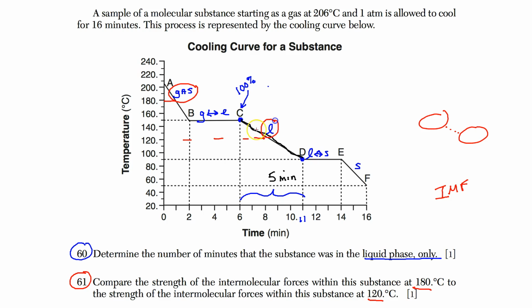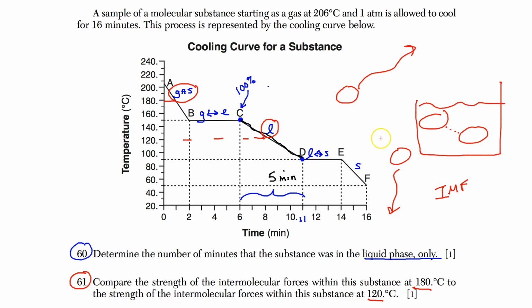we have a liquid. So gases fly around the room hundreds of miles an hour, where liquids kind of stay in their container. So gases have weaker attractive forces. That's what makes them a gas, right? They're able to move, so they overcome these things.